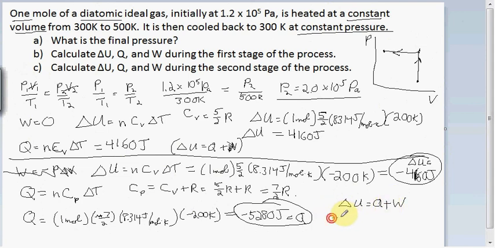This is minus 4,160 joules equals minus 5,280 joules plus W, and that's going to give me W equals 1,660 joules. So 1,660 joules of work are done on our gas here. And so we've calculated everything we said we were going to. So I guess we're done.